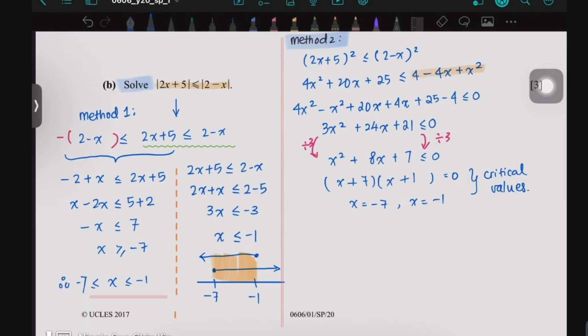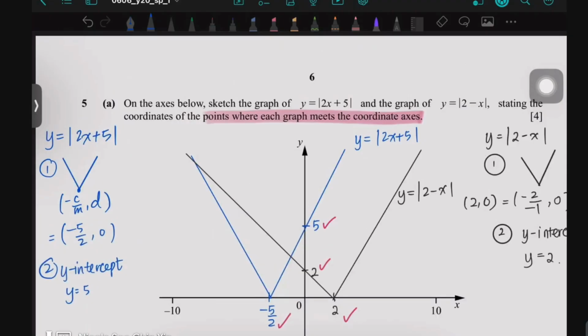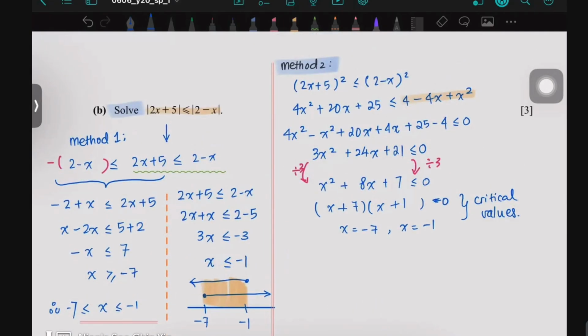Okay, not yet done. Why I put equals to 0 is because you're finding the critical value. To determine the inequalities, we have to look at the quadratic inequalities. So first of all, this is a small curve intersecting between negative 7 and negative 1.